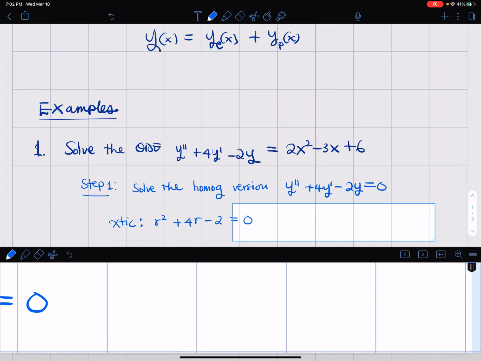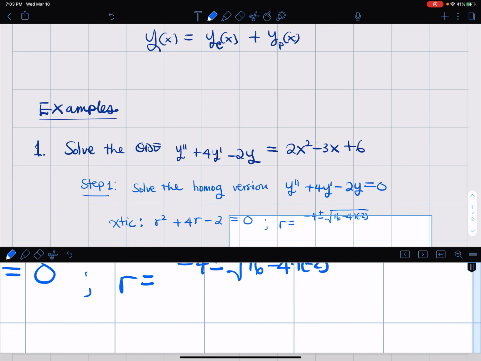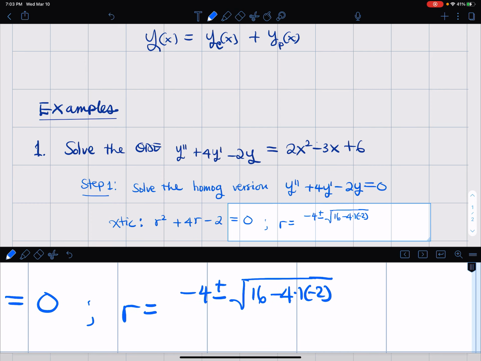If we solve for r, we get negative 4 plus or minus the square root of 16 minus 4 times 1 times minus 2, all over 2.